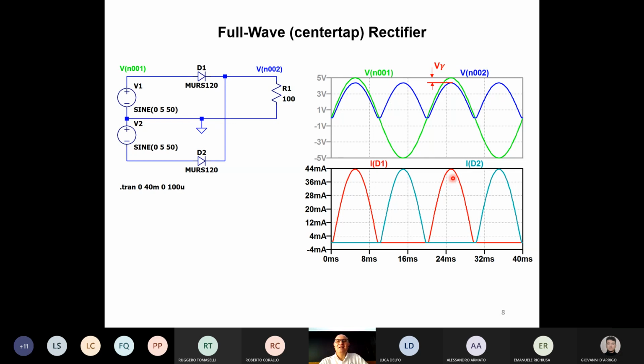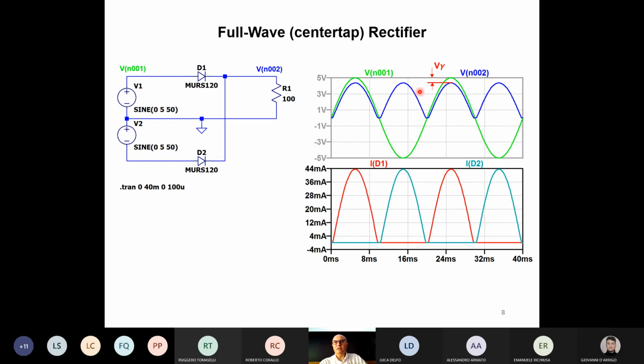Sorry. Okay, I'm considering the current flowing through the diodes. Okay? So in red is the current through diode D1, and in blue is the current through diode D2. And what you see here is that during the first half cycle, we have current only through diode D1, then it goes to 0.